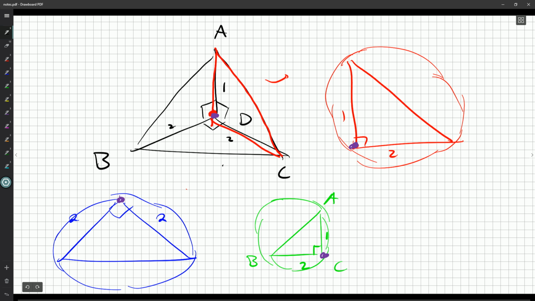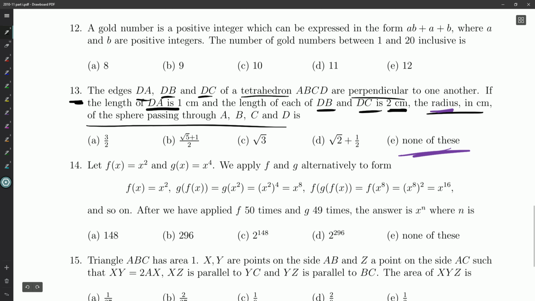But we can get 2 root 2 for that radius, root 5 for this radius, root 5 for this radius. So we know at least there is a circle whose diameter is 2 root 2, and therefore the radius of the sphere is at least root 2. So can we cancel out anything that isn't root 2? Root 2 is about 1.4.